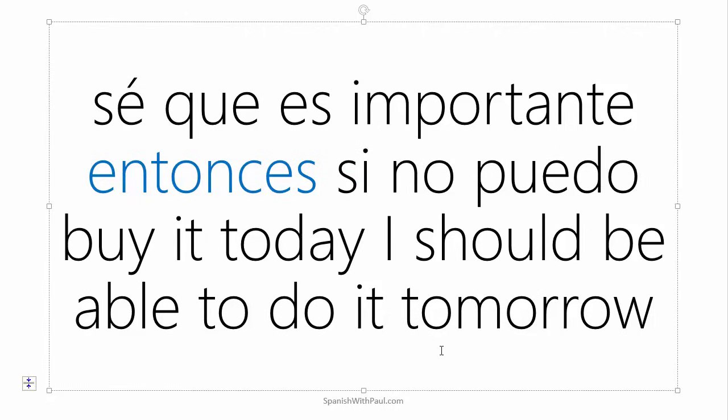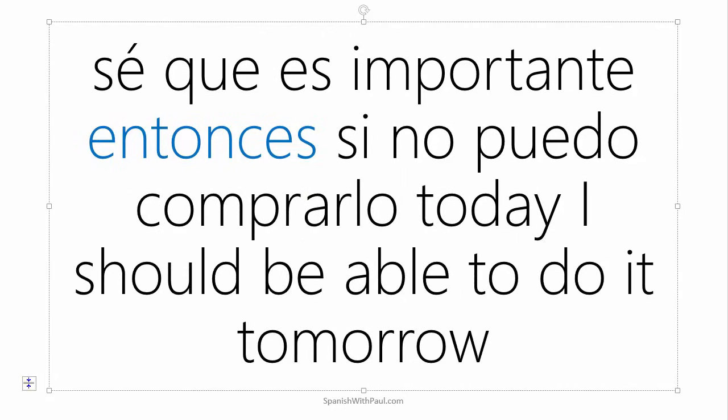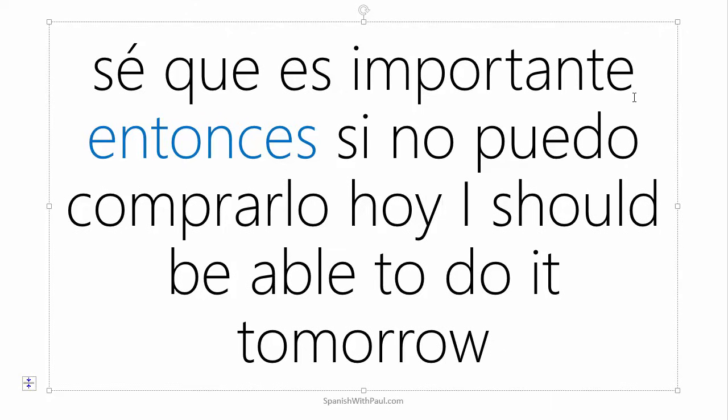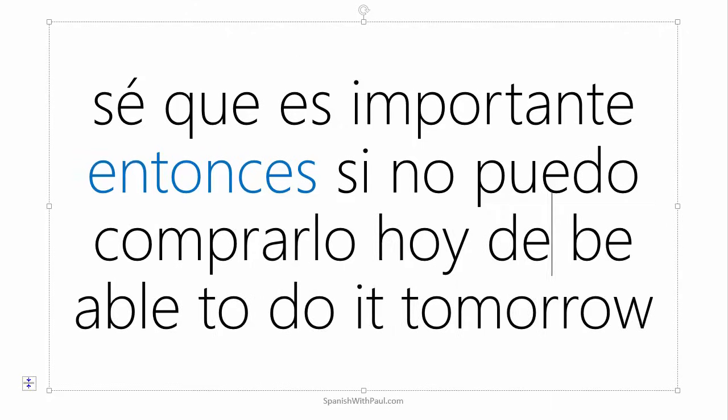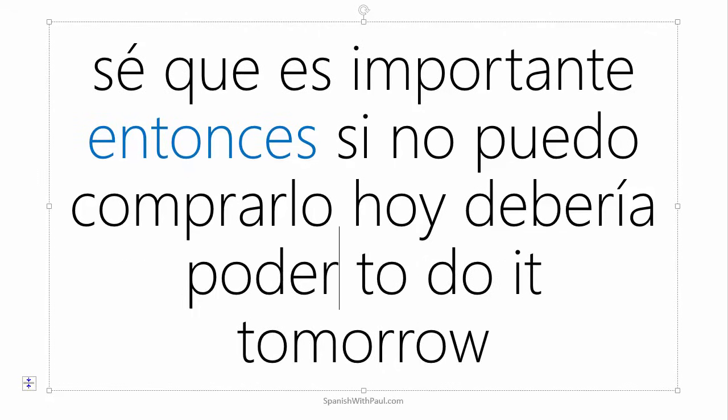Then we have buy it. The verb to buy is comprar, and the lo gets tagged on to the end. Then we have the word today, which is hoy. Now we have I should, which is debería. Be able. This is where our poder comes in. To do it is hacerlo.